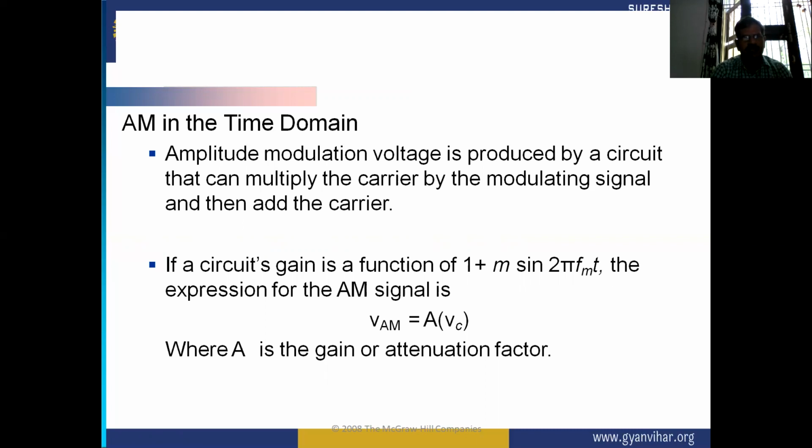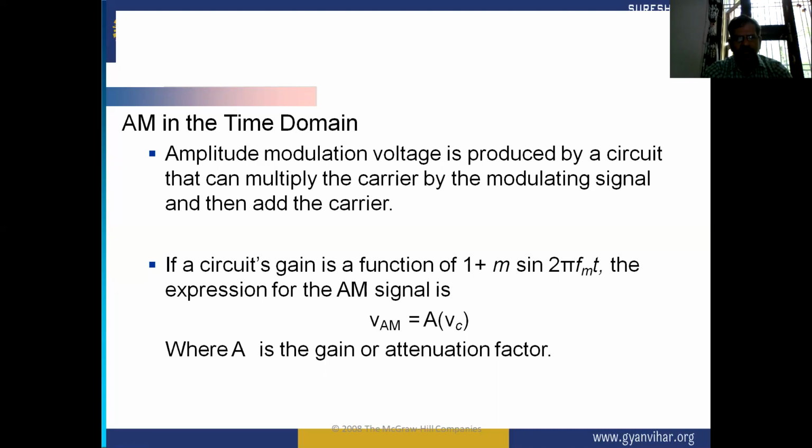Next, amplitude modulation in the time domain. Amplitude modulation voltage is produced by a circuit that can multiply the carrier by the modulating signal and then add the signals. So this is the process of amplitude modulation.